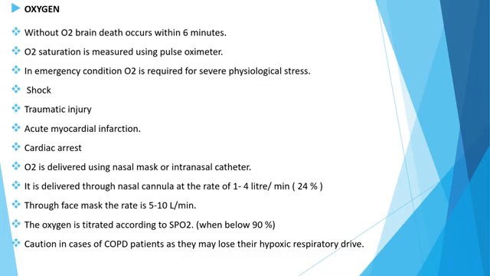Oxygen is delivered through the nasal cannula or intranasal catheter at a rate of 1 to 4 liters, minimum 24%. Through a face mask the rate is 5 to 10 liters per minute. Oxygen is titrated according to the SpO2. Caution in case of chronic obstructive pulmonary disease patients, as they may lose their hypoxic respiratory drive. This is one of the important things in an emergency patient.